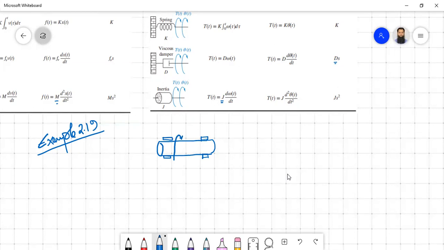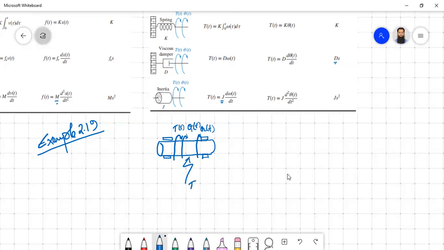So if you apply torque on one side, the angular displacement on that side, theta 1(t), is not the same as on the other side, where you have theta 2(t). So torsion is allowed. Torsion is experienced by this rod.